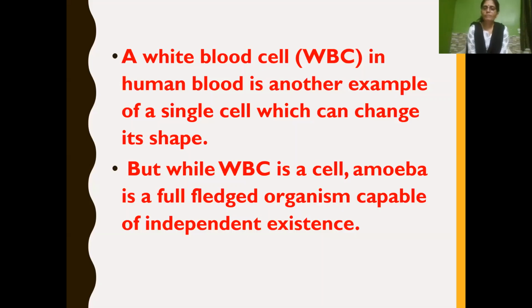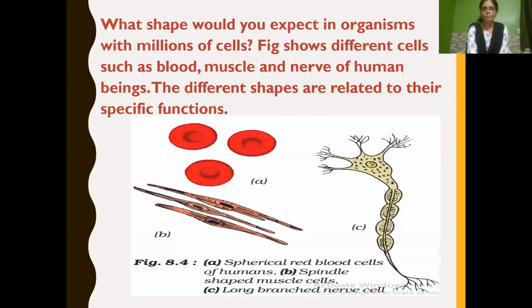So, for example, a cell which can change its shape: you can say amoeba and WBC, that is the white blood cell in human blood, is an example of a cell which can change its shape.